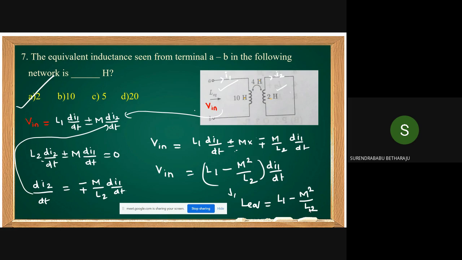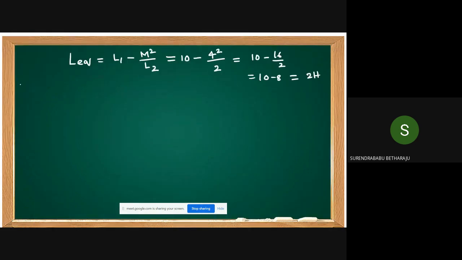Or you can also try by using the T network. If you try by using the T network, assume that it is aiding connection. Method 2 I am explaining. Let aiding connection.